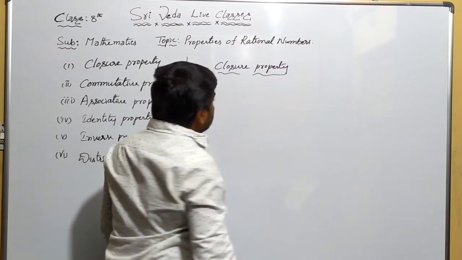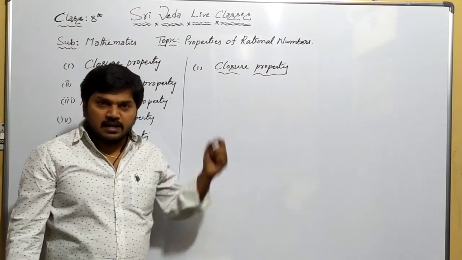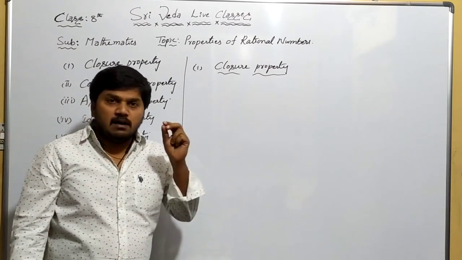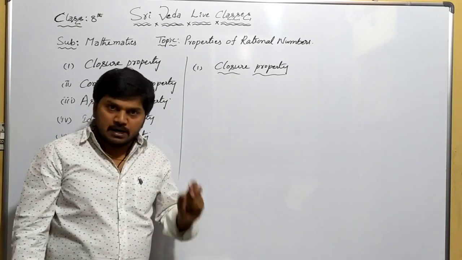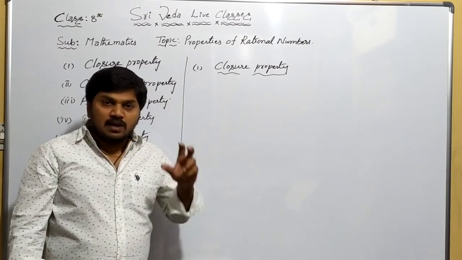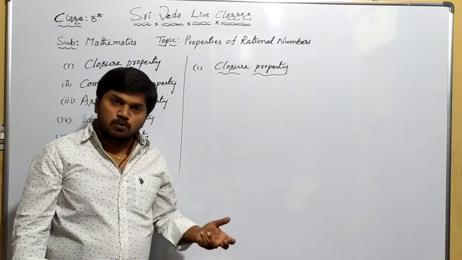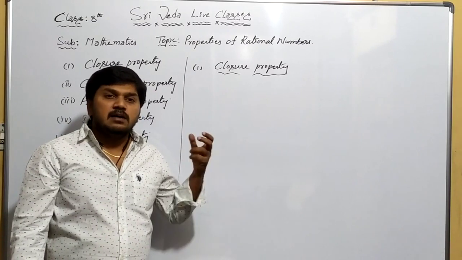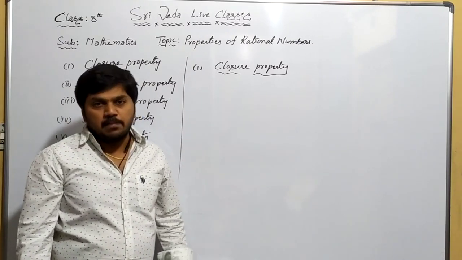What is meant by closure property? Closure property means if you take any two numbers from a set of numbers, we are doing addition or any operation on them, we will get a new number. That new number is again contained in the same group. Then we can say that that set of numbers satisfies closure property.